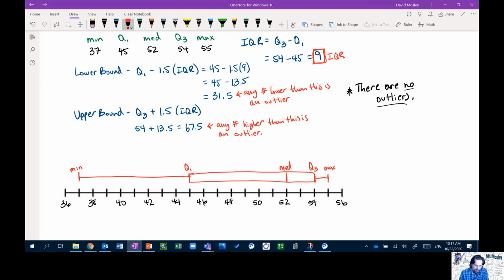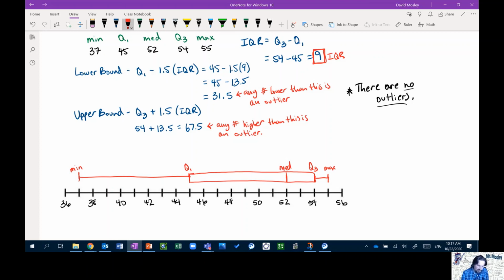And this is our box plot. It gives us a quick picture of what the data looks like. Based on this, we can see that our data is going to be skewed to the left, because our box is shifted over to the right. So there's something about the shape.